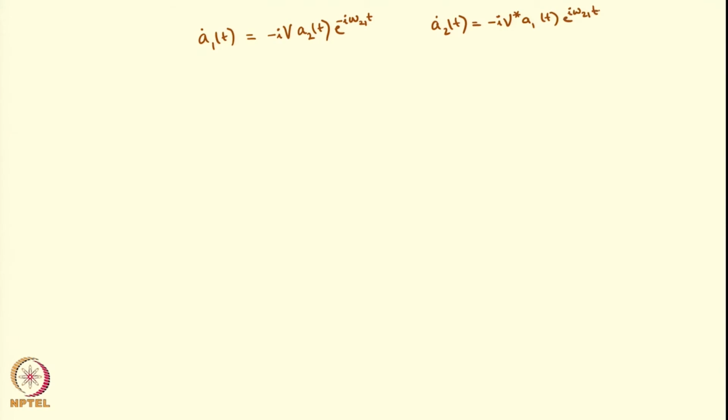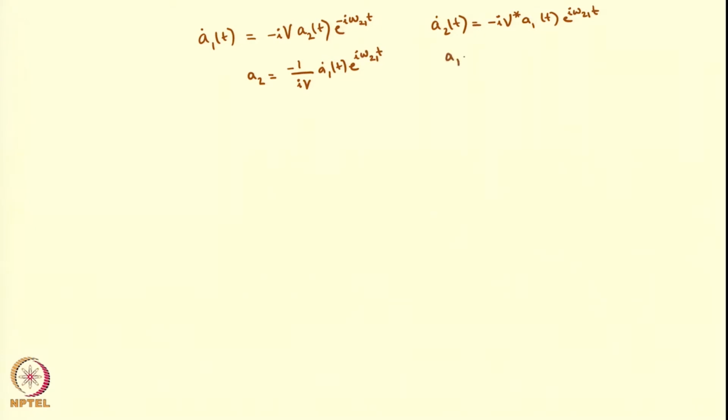So, what I am going to do is rewrite this equation in a slightly different way, in terms of A1 and A2. One can rewrite this as A2 equals minus 1 by I v, A1 dot t e to the power of I omega 21 t, because if I take this to the other side, minus I omega 21 will become plus.